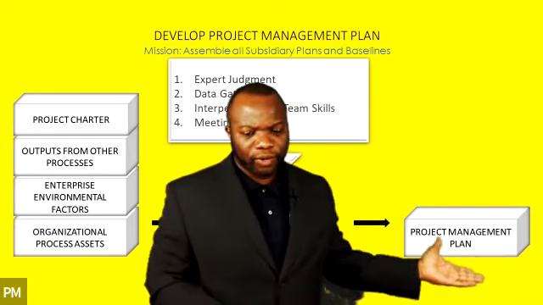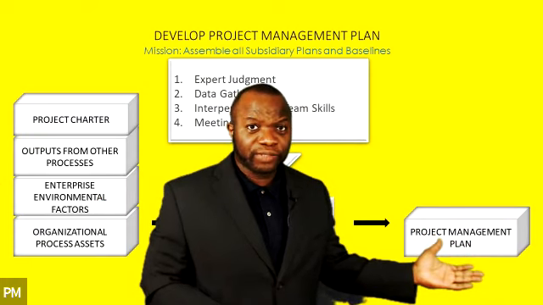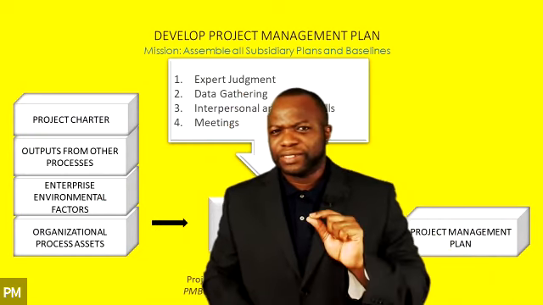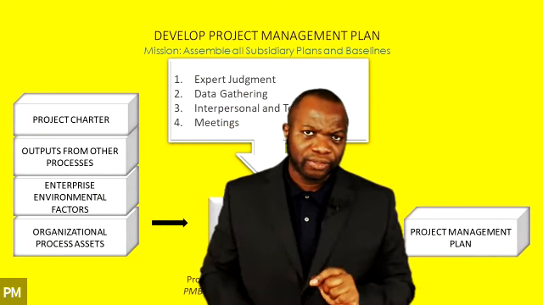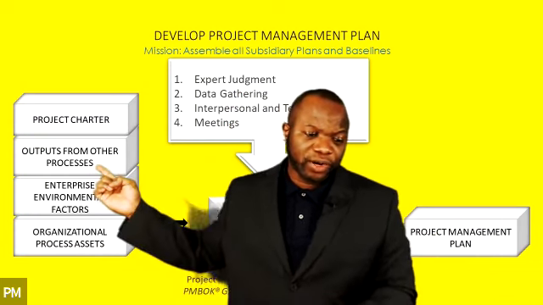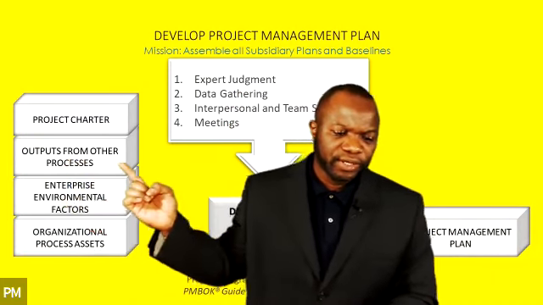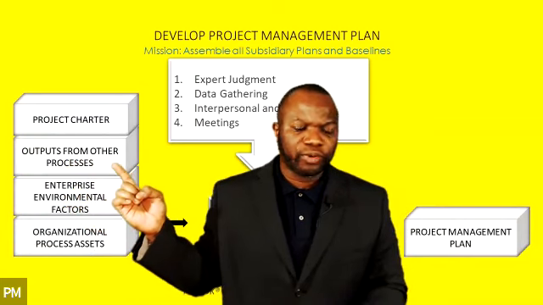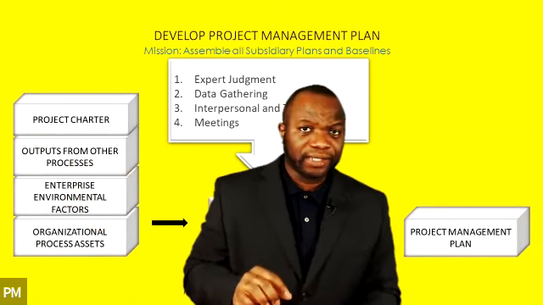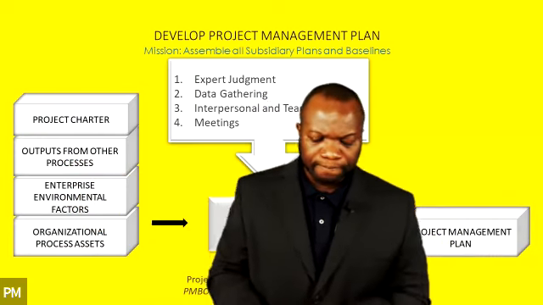Do you see that our project management plan is an output here? Well, the project management plan is made up of several subsidiary plans, tiny little plans. Those tiny little plans are going to come into this process as outputs from other processes. So whenever you see outputs from other processes, it's referring to the tiny little plans and baselines that make up the project management plan.